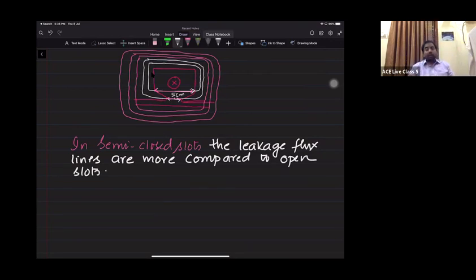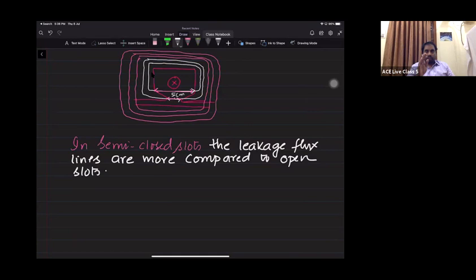I'll repeat once again. What are leakage flux lines and what are mutual flux lines? As I told you, whenever the magnetic flux lines come across more than one reluctance path, they will try to divide. It is a basic property of magnetic flux lines to divide.